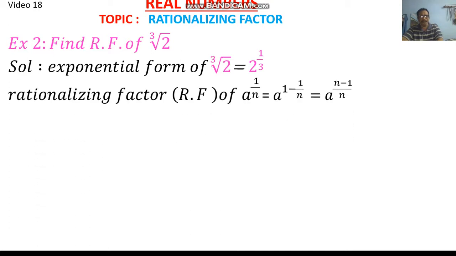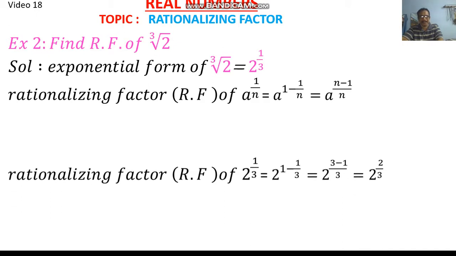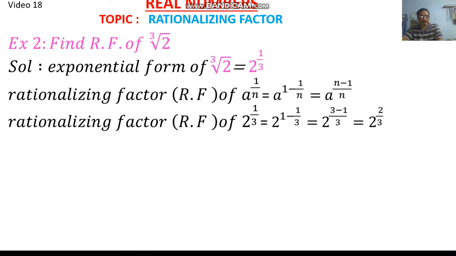So, using the general formula, the RF of a power 1 by n is a power n minus 1 by n, the RF of 2 power 1 by 3 can be written as 2 power 3 minus 1 by 3, that means 2 power 2 by 3.